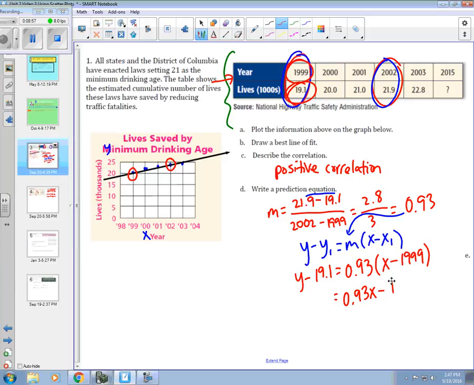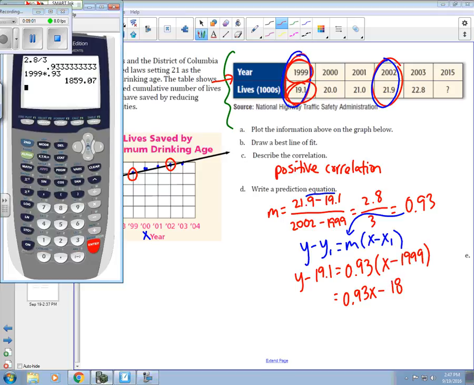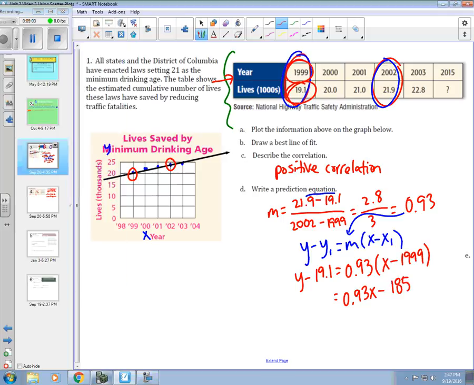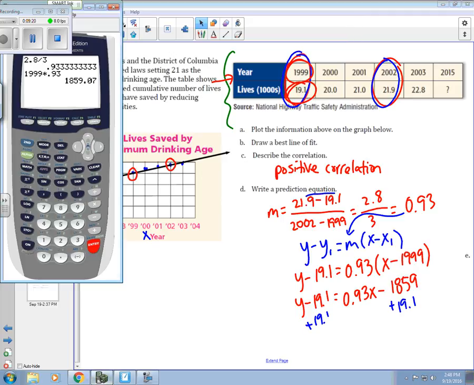And again, this is approximation. It's not going to be exact. And then last thing we need to do here is add over this other value. So now you want to add this. So if we add that on, plus 19.1 to the answer we just had.